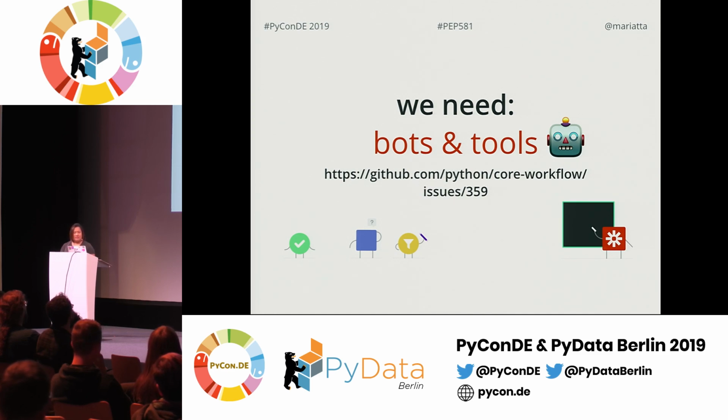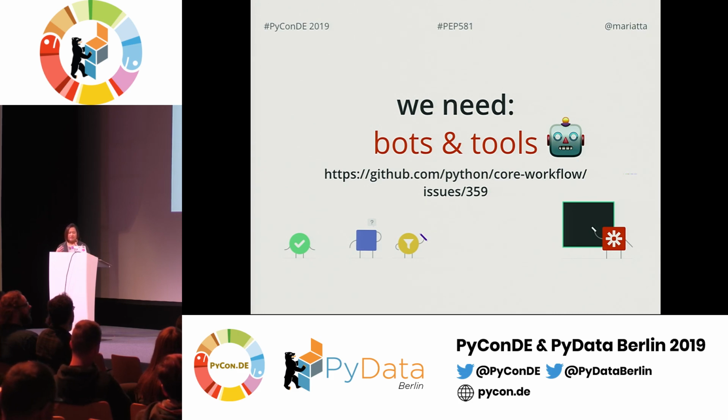We still need more bots, more tools. We're not done building bots. About 2 months ago, I requested feedback from core developers, asking them what features they still want from GitHub. What are the blockers they could foresee if we were to make the move to GitHub Issues. All the comments have been collected in this issue, the core workflow issue 359. There are about 20 different comments there, like feature requests.